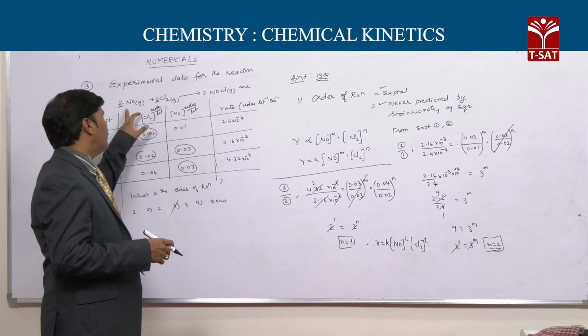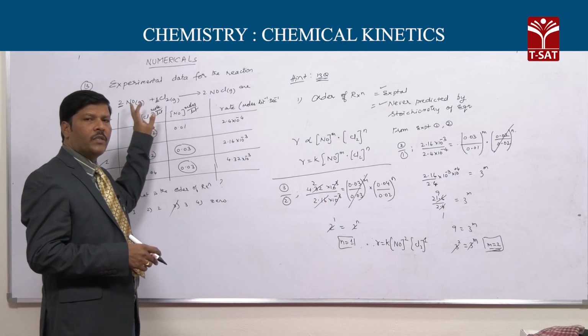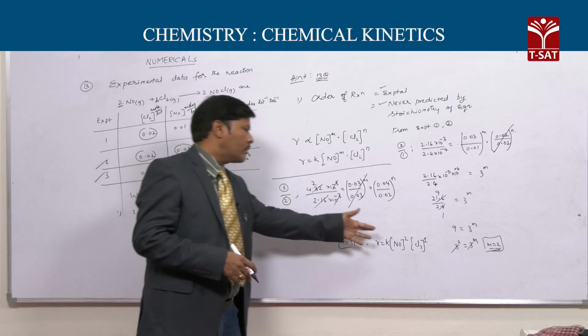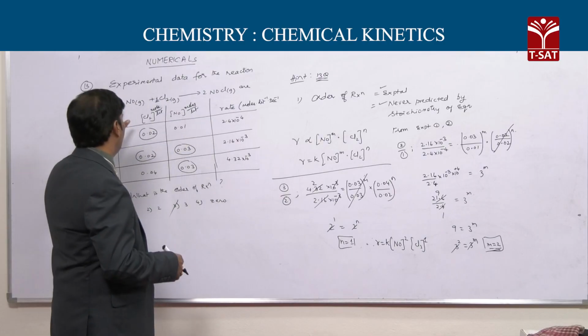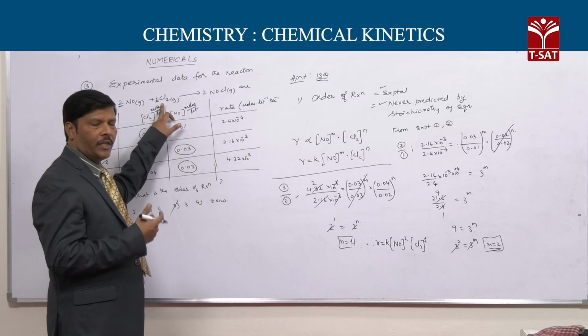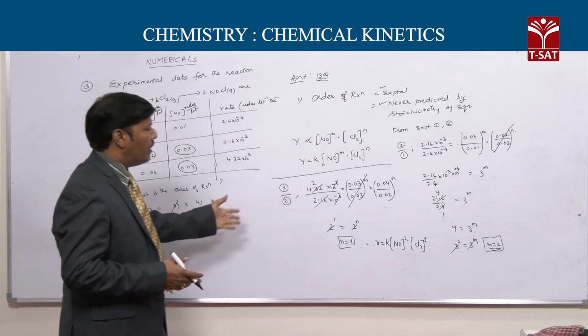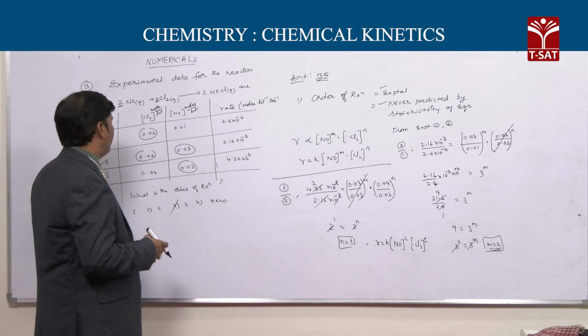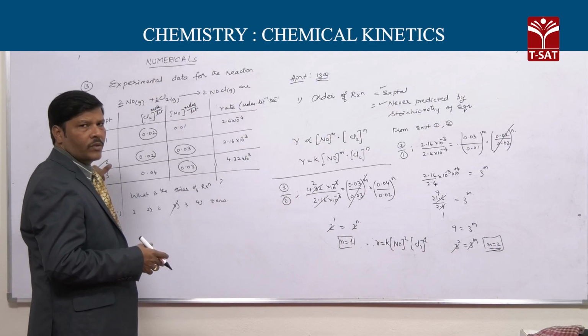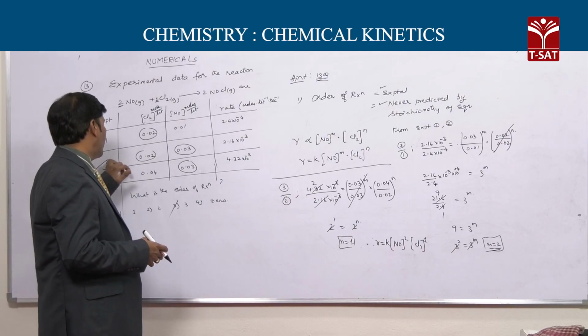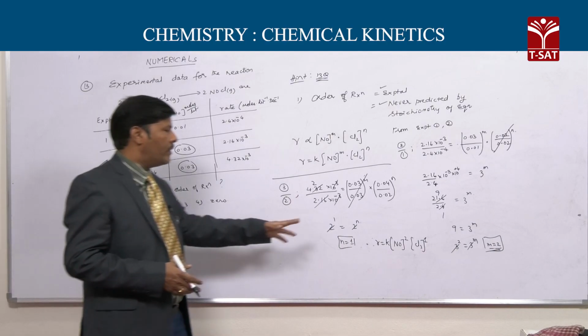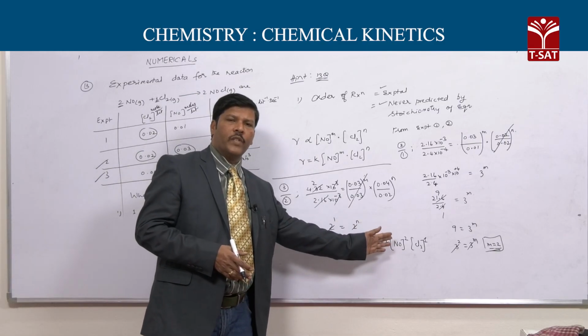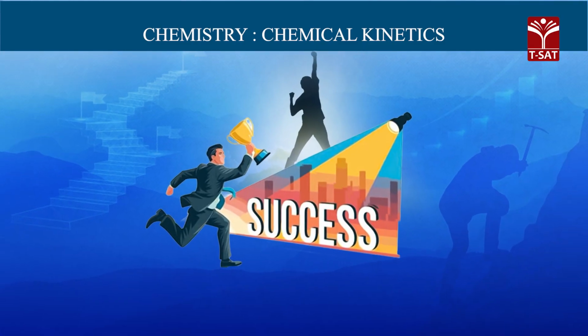In this question, the molar coefficients are 2 and 1 and the final order is also 3, so by a fluke guess it may be third order. But you are supposed to calculate like this, taking all the experimental data in 2 different combinations: 1 and 2 in one case and 2 and 3 in another case. Then upon solving you will get the overall order as third order.